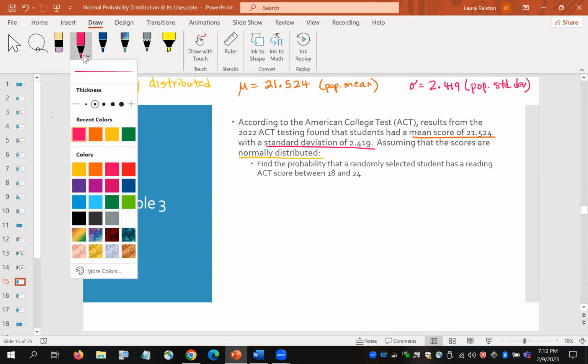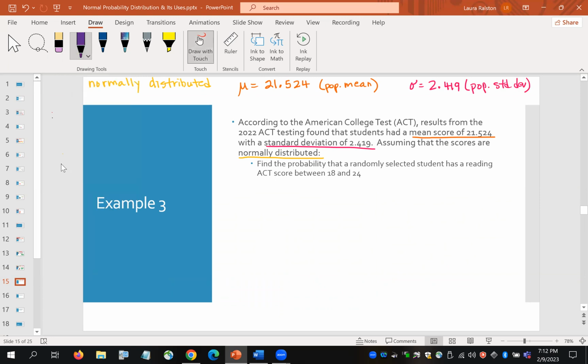And then it says find the probability that a randomly selected student has a reading score between 18 and 24.